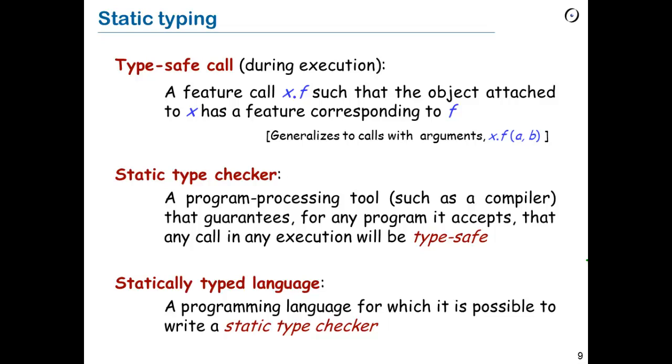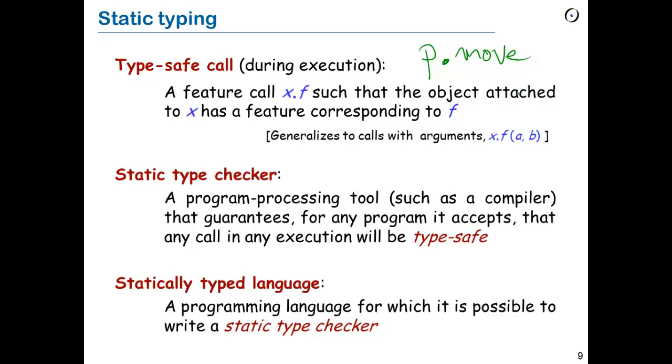So, for example, if you have a variable p, and you have an operation move, and a call to p.move in your program, then the compiler will either accept or reject your program.